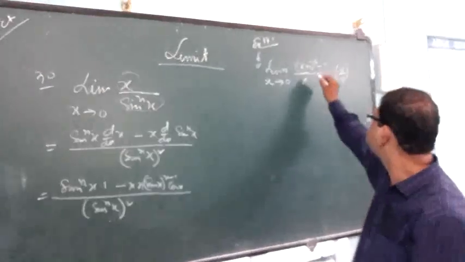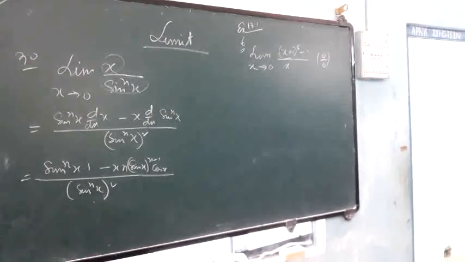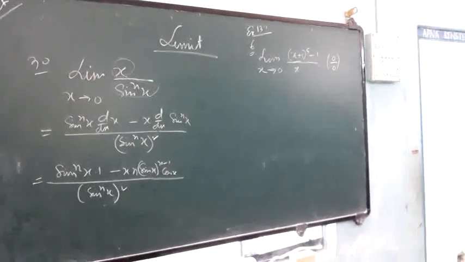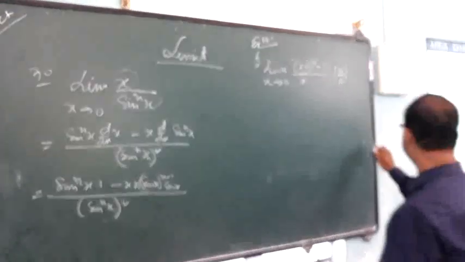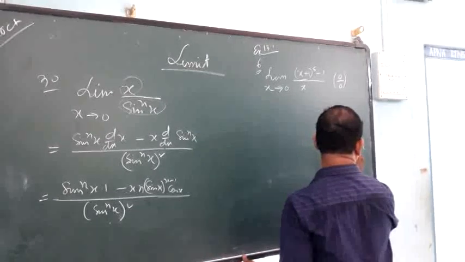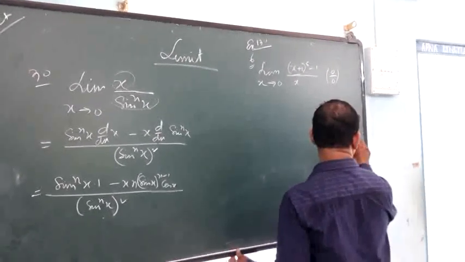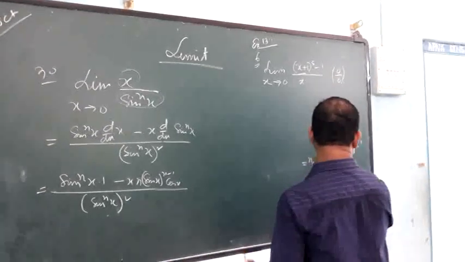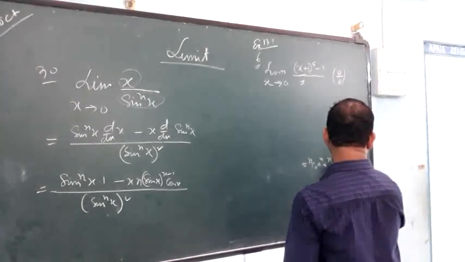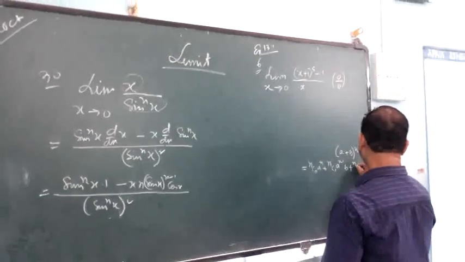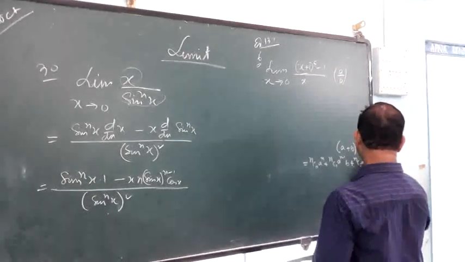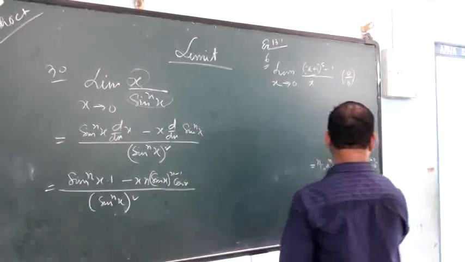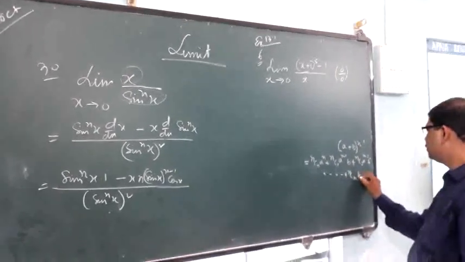What is the simplification? You have to break this one. Now how to do it? One formula for that is the binomial theorem: a plus b whole to the power n is nC0 a to the power n, nC1 a to the power n minus 1 b, nC2 a to the power n minus 2 b square, and so on, plus nCn b to the power n.